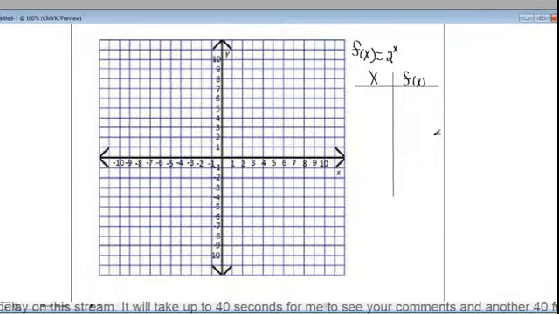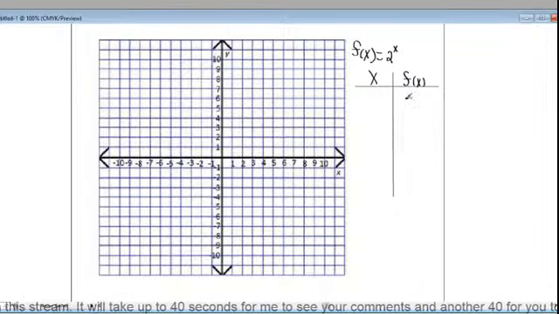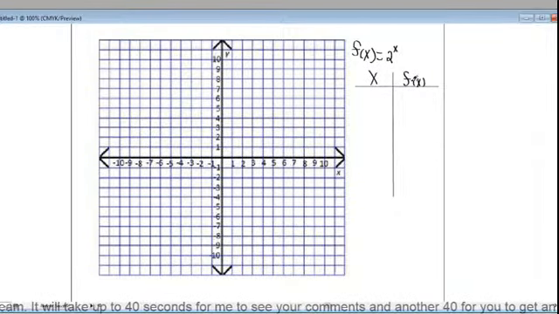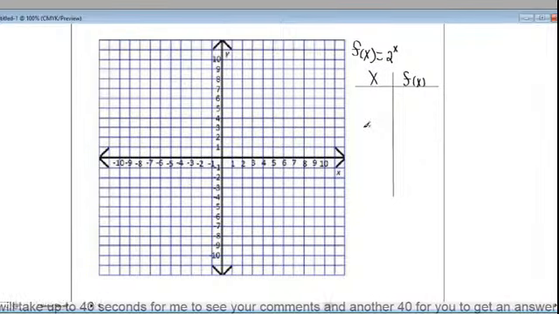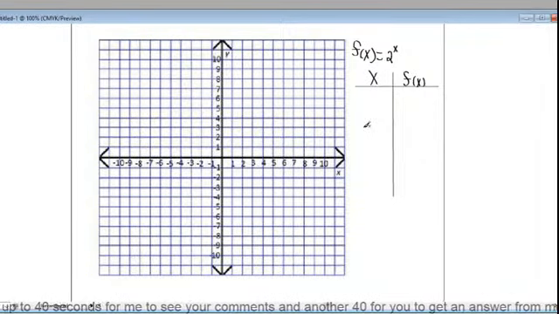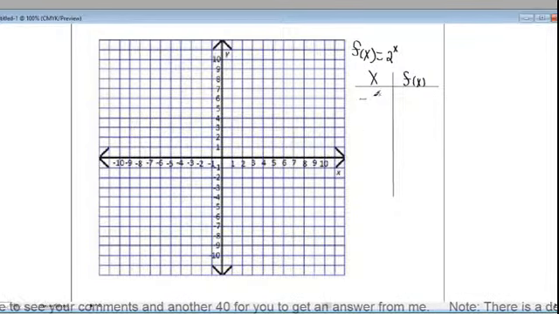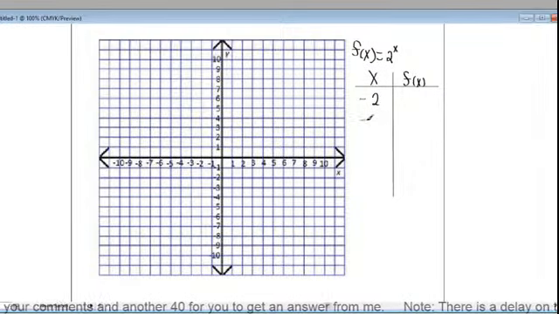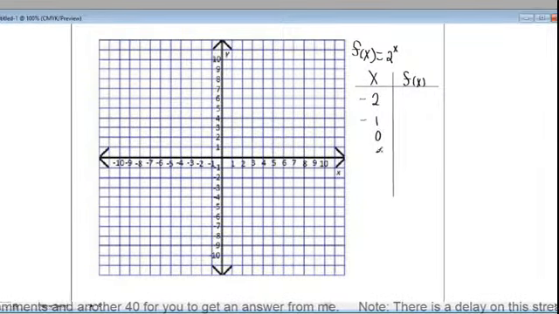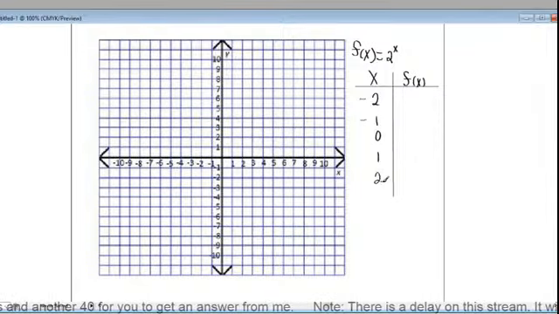So again, we have our x, we have our f of x, or really our y. So let's go ahead and plug some numbers into here. I'm going to use the typical ones that I usually use, which is -2, -1, 0, 1, and 2.